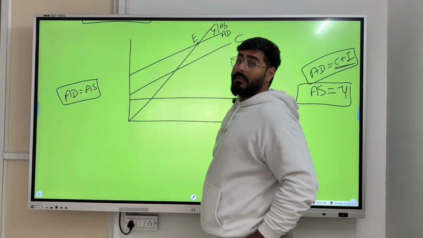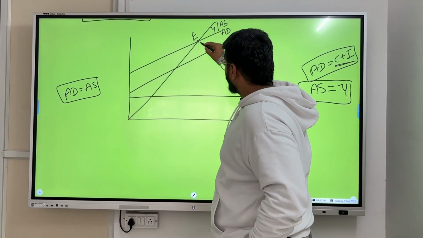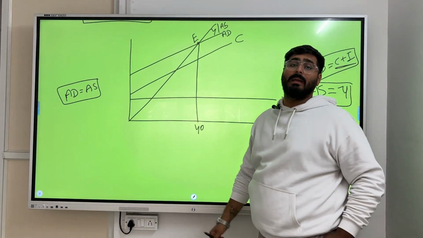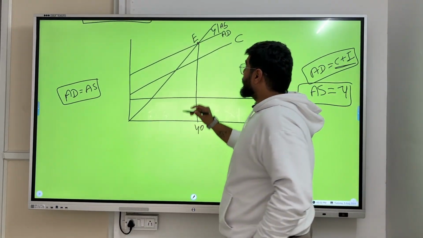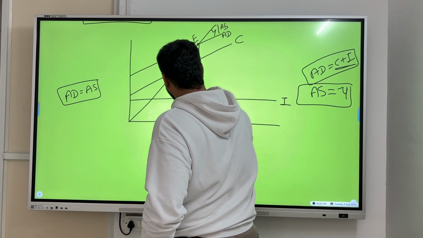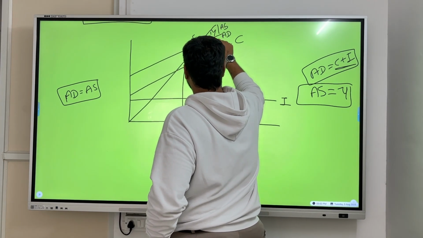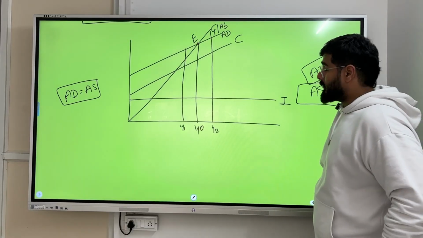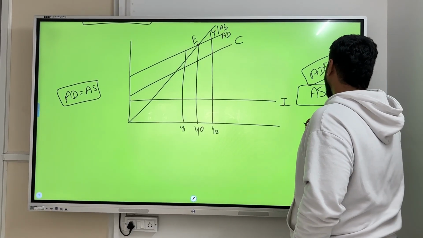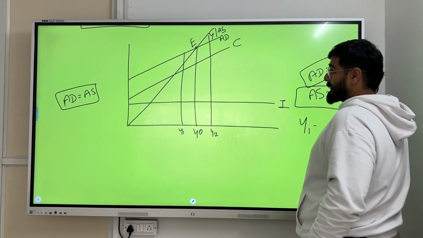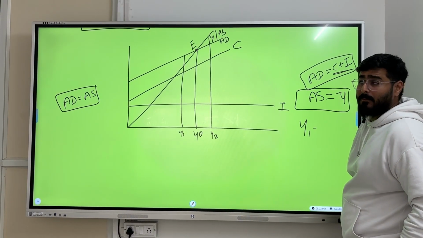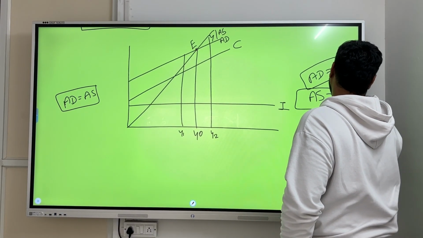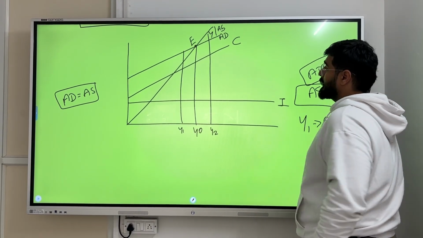Now I draw a perpendicular from here, y0. On one side I draw another perpendicular, y1, and on this side one more, y2. Now what do I come to know? The y1 level of income is not equilibrium income, because here aggregate supply is more than aggregate demand.